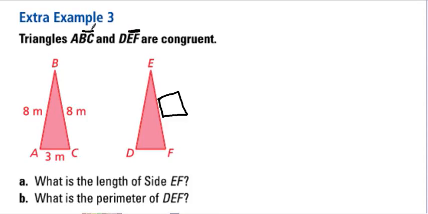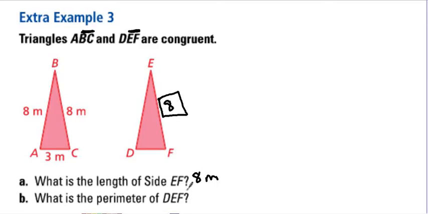If you come over here and find the last two letters, that way you know segment EF corresponds with segment BC, which comes really in handy when the figures are not oriented the same way, one's been reflected or rotated or something like that. So we know that segment BC is 8 meters, so segment EF also has to be 8 meters.